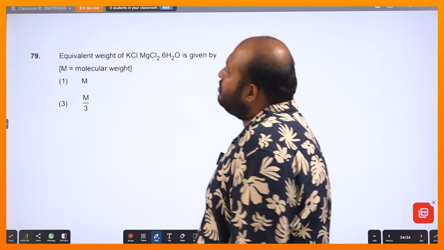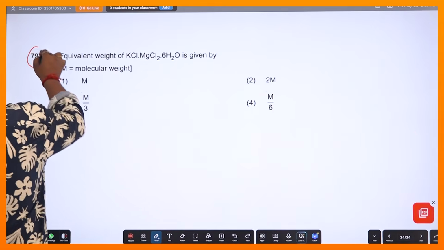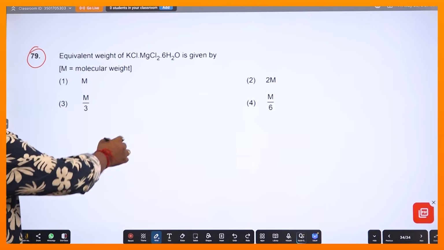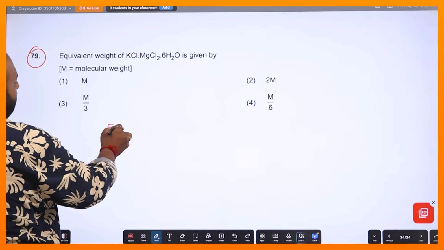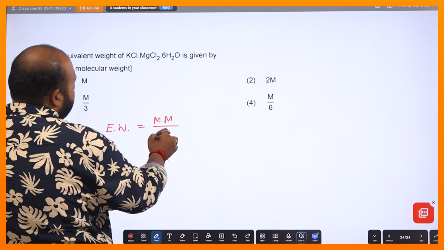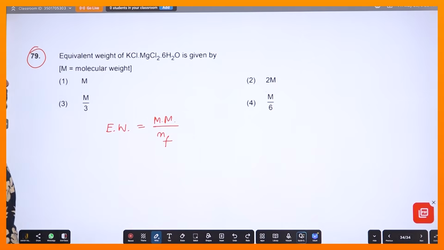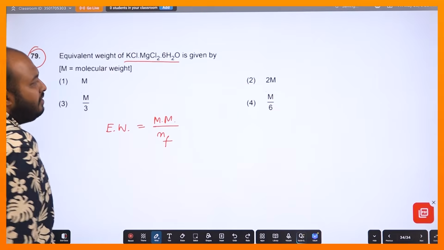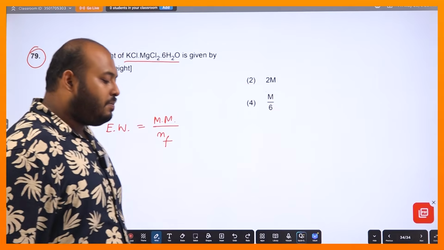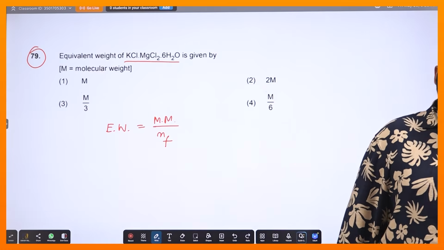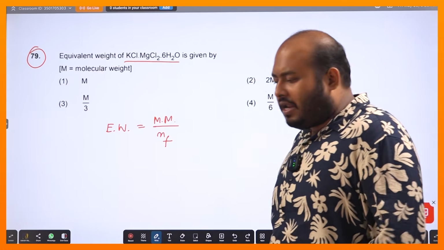In this case also, question number 79, this is a very easy question. You know that to find the equivalent weight, we simply divide the molar mass by the N factor. For a salt, the N factor equals the total positive charge over the cation or the total negative charge over the anion.